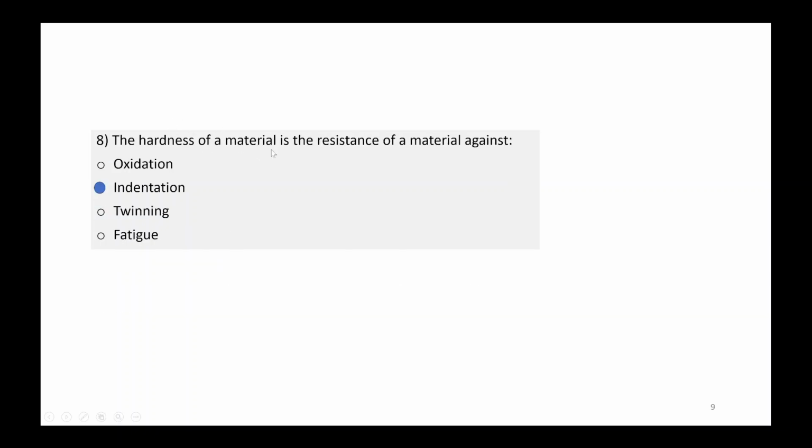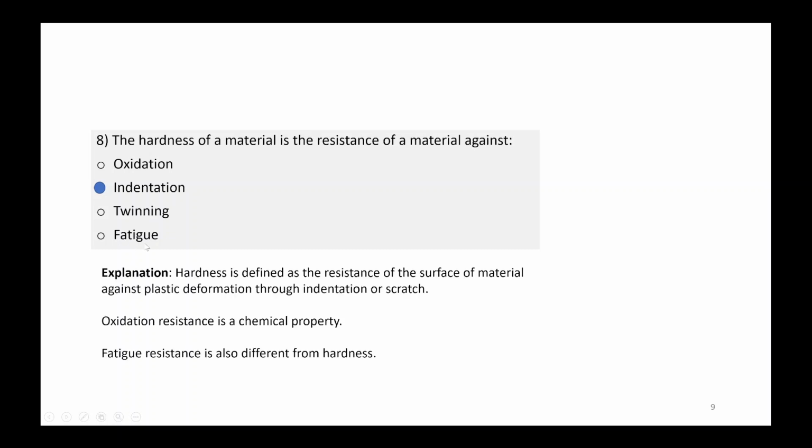So the hardness of material is resistance of a material against indentation, and the other options are oxidation, twinning and fatigue. Hardness is defined as the resistance of the surface of a material against plastic deformation, and this plastic deformation can be caused either by indentation or by scratch.